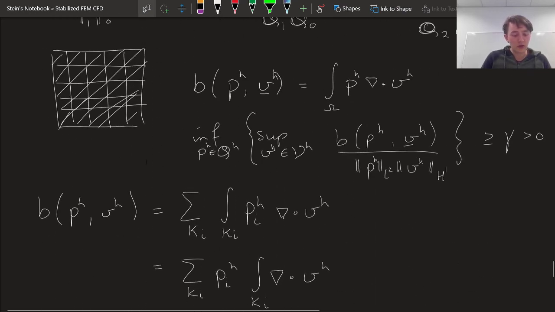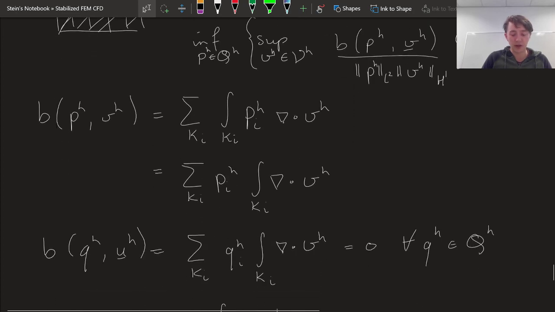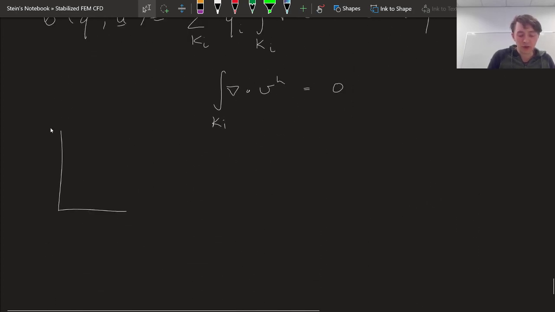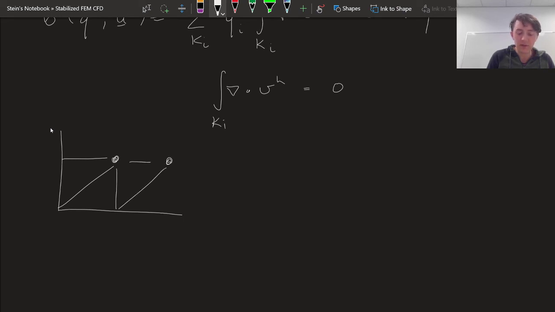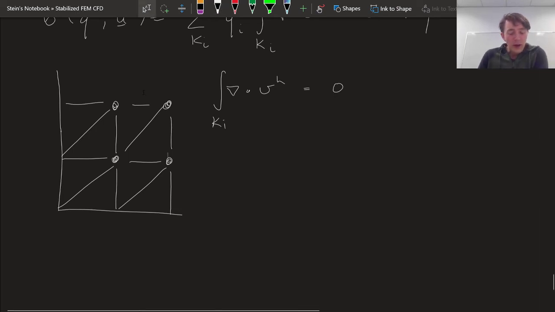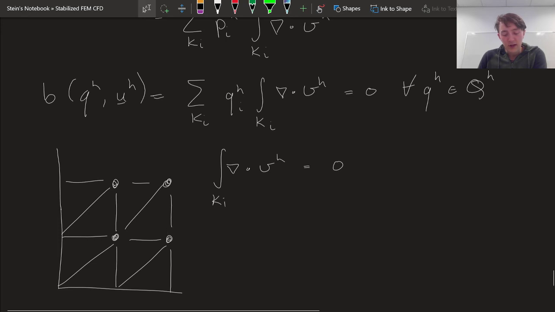So then let's try and look at this distribution of elements going all the way from the bottom left here. So I'm going to zoom into the bottom left, where I still have the velocity degrees of freedom in each one of the corners. So apparently my constraint equation is telling me that the divergence of my velocity field is going to be equal to 0 in each element individually.